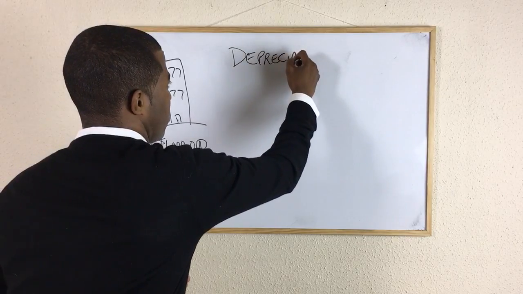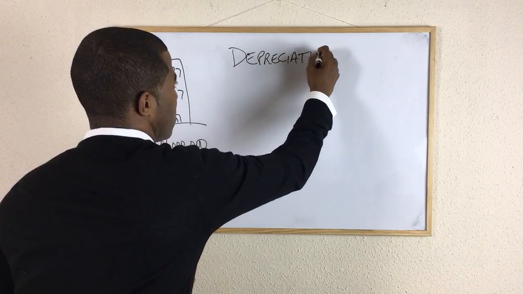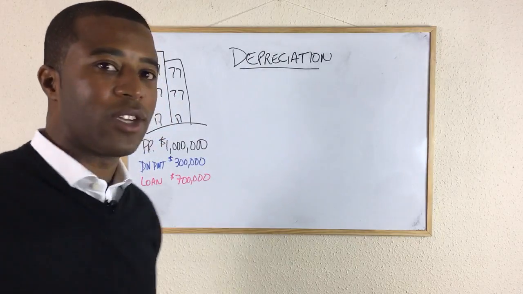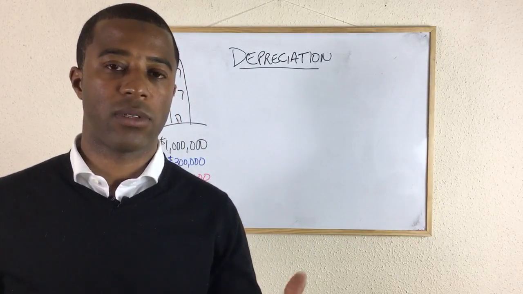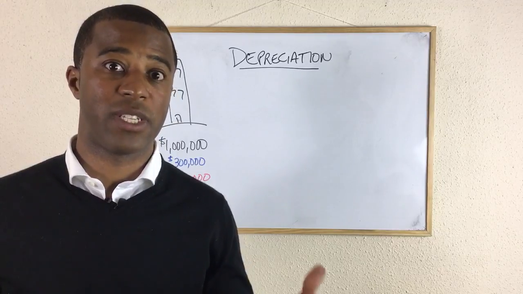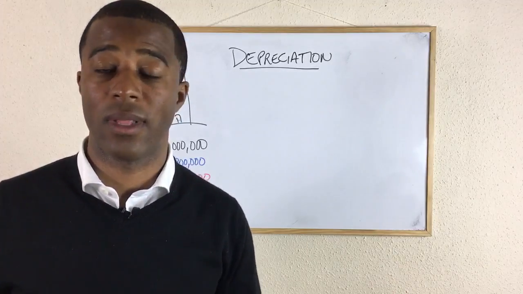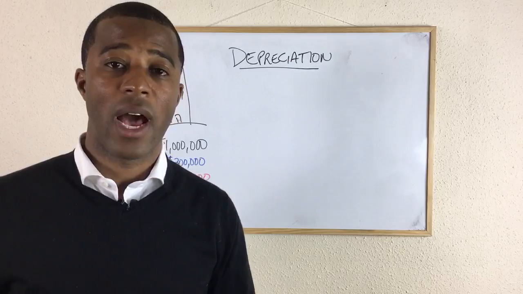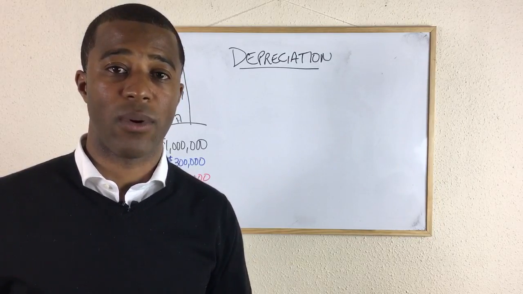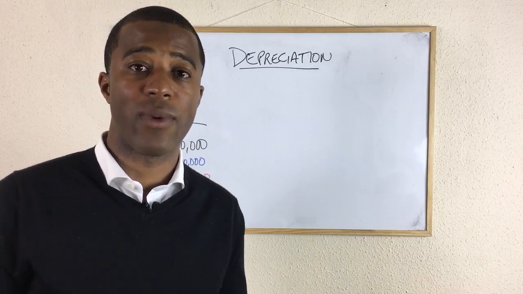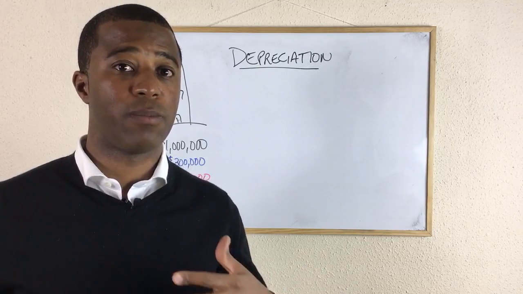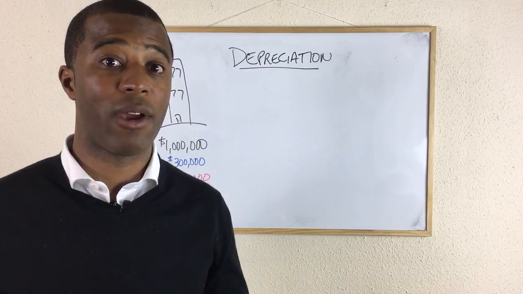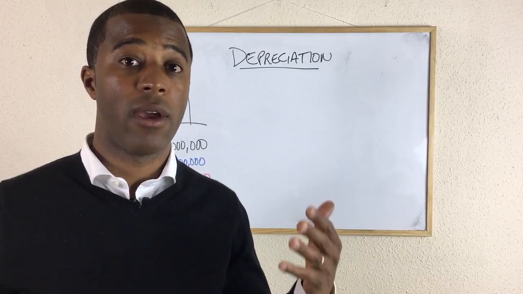Now, depreciation. I talked about this before as one of the areas for tax benefits. I talked to you also about, specifically for the U.S., Section 179. But with this specific example, I do want to go back and reiterate the fact that this is about tax benefits, and it's also another area where you're able to create a return.